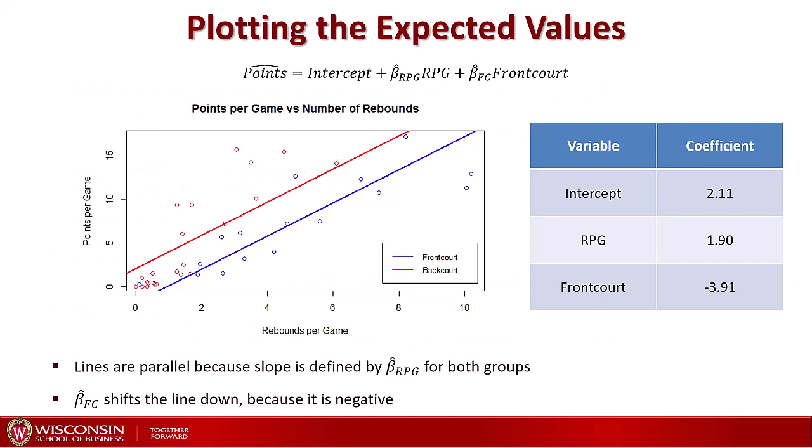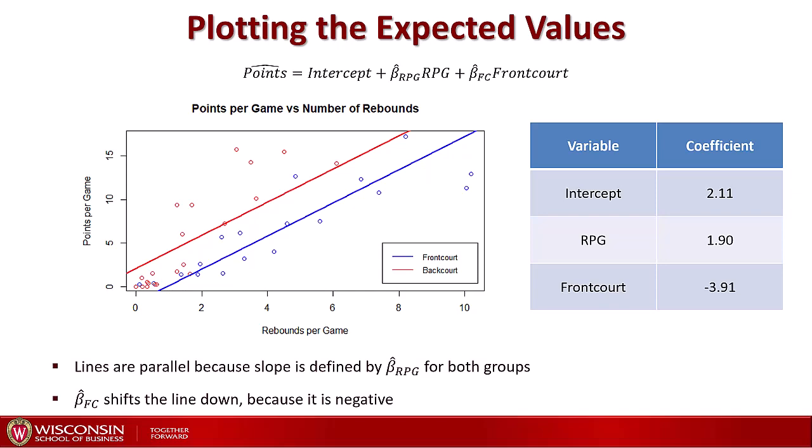To visualize what's happening, let's first look at a model without the interaction. We just have the predicted number of points per game equal to the intercept plus beta hat RPG times rebounds plus beta hat FC times front court. So in that case, when front court equals 0, we just have intercept plus beta hat RPG times RPG.